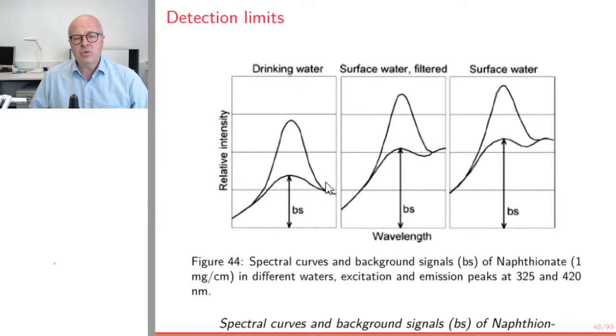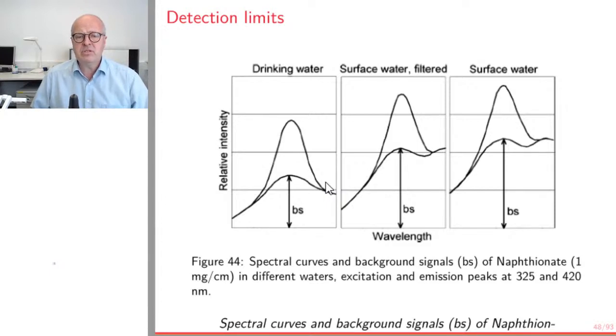Now, you should also know that the detection limit depends on the properties of water. So if you have clean groundwater, detection is easier. If you have a dirty surface water full of algae, maybe some dissolved organic carbon, detection is more difficult because you have more scattering, more background. And you should always check the background.